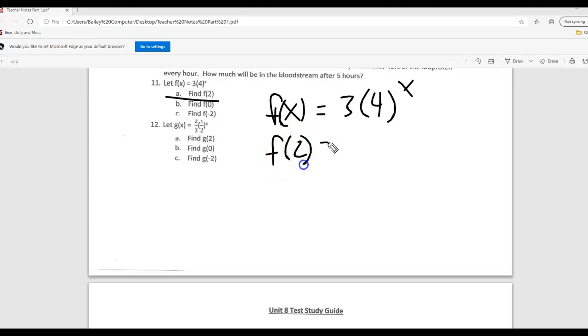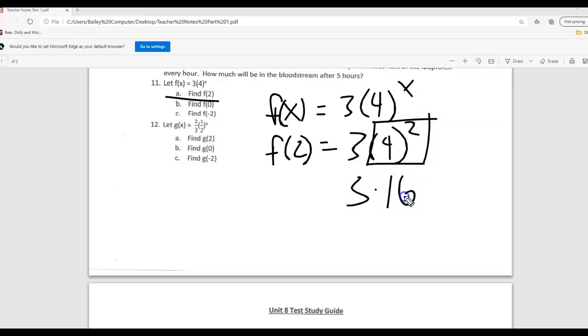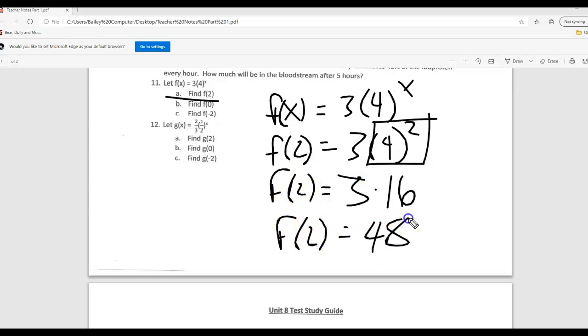What that means is we're just plugging in 2 for the exponent. When you want to evaluate an exponential function, you just do the power first, and after that, you do the multiplication. So 3 times 16 is 48. So the answer to part A is 48.